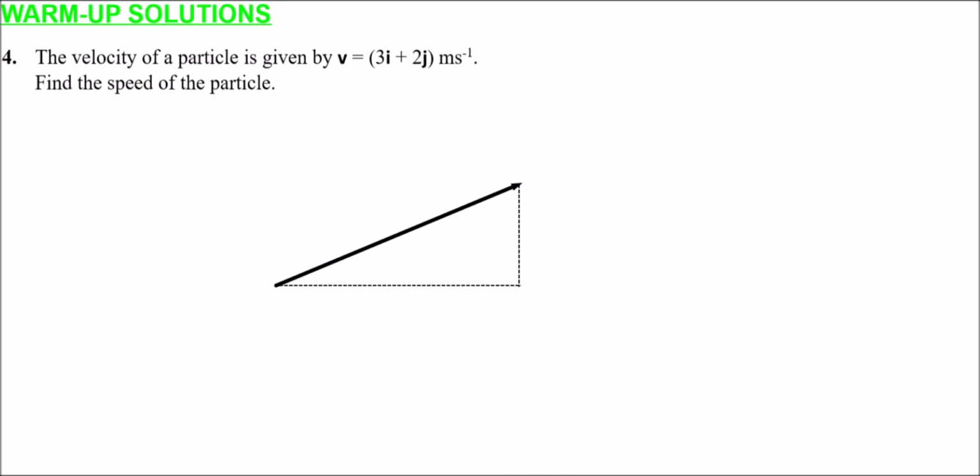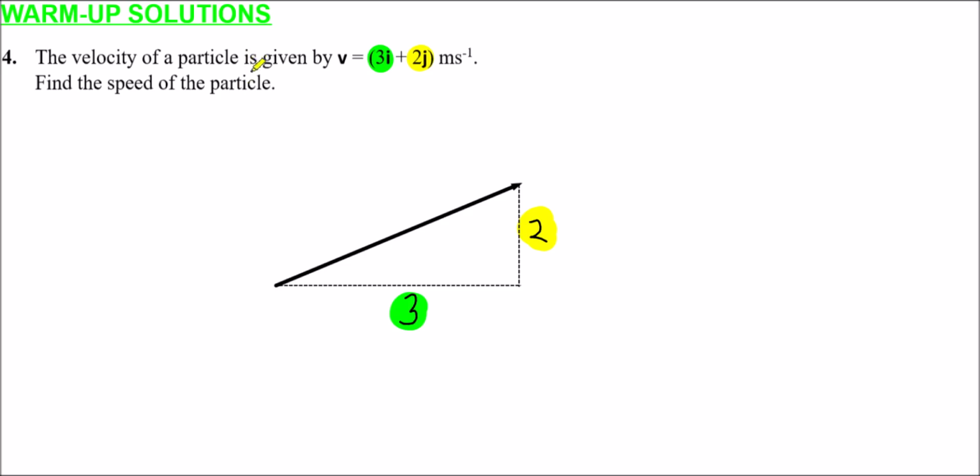Okay, so 3i means it's 3 in the horizontal direction, whereas 2j means you can think of it as going 2 up. Velocity is a vector quantity.